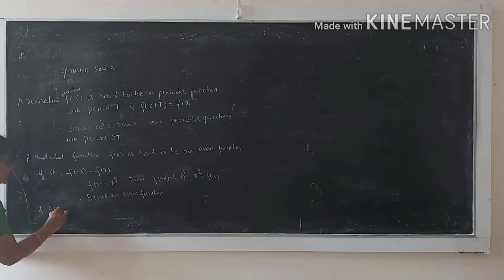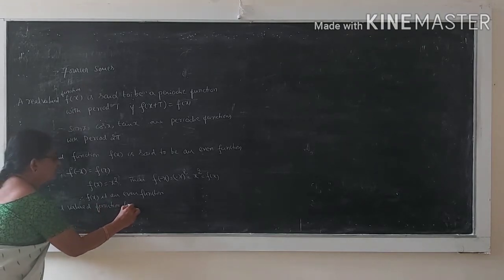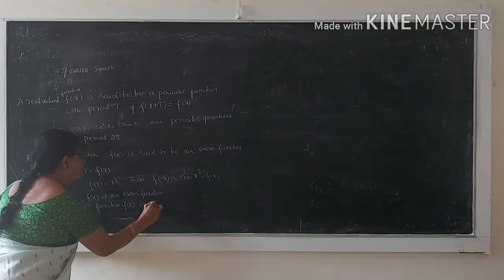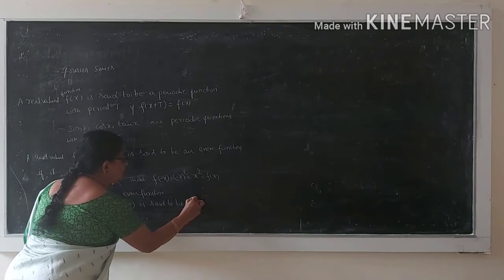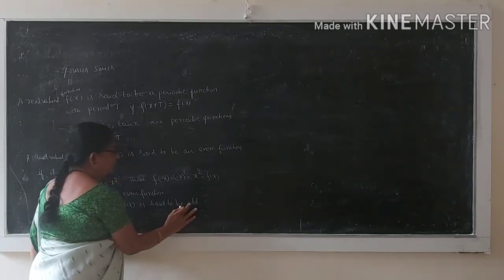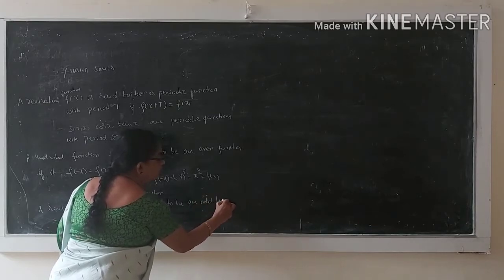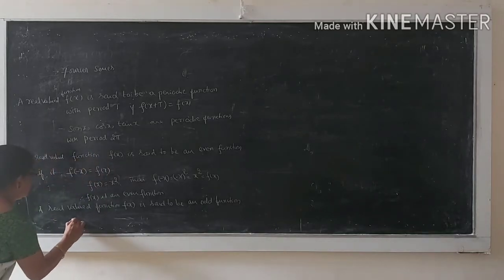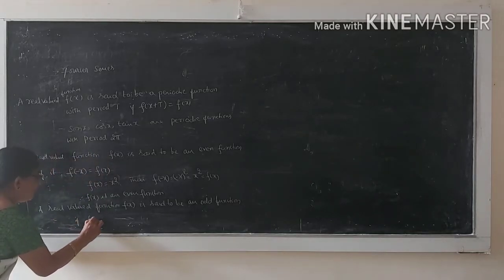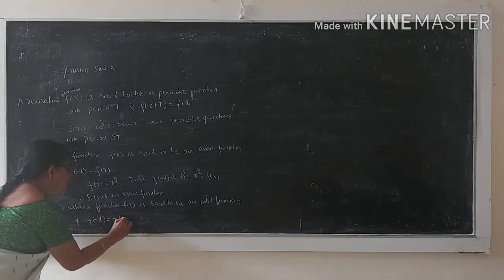A real valued function f of x is said to be an odd function if f of minus x is equal to minus f of x.